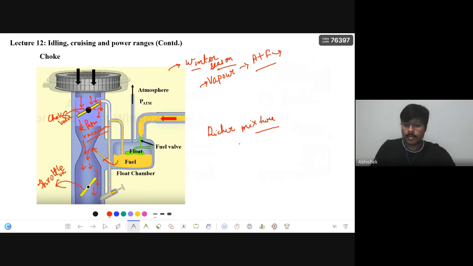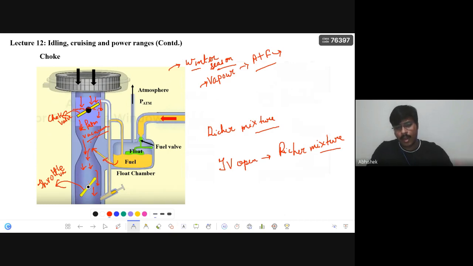So when the throttle valve is fully open, we get a richer mixture. That is the use of the throttle valve.